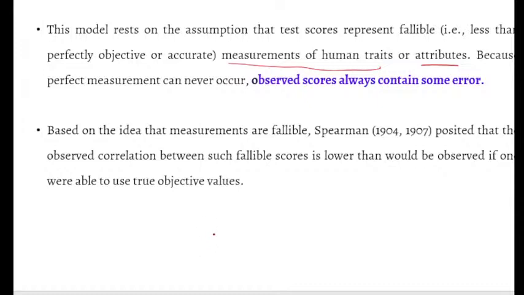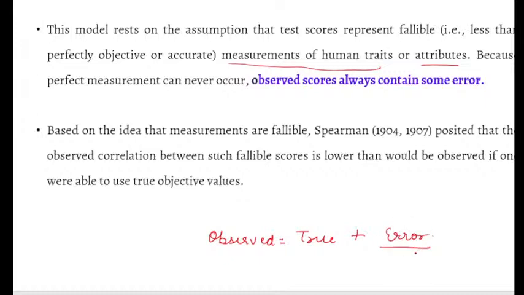So whatever score you get, which is the observed score, would consist of both the true ability or the true score that you have for that particular trait or aptitude, and it would also consist of some kind of error, right?